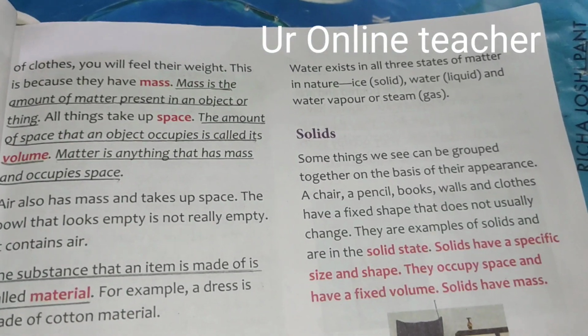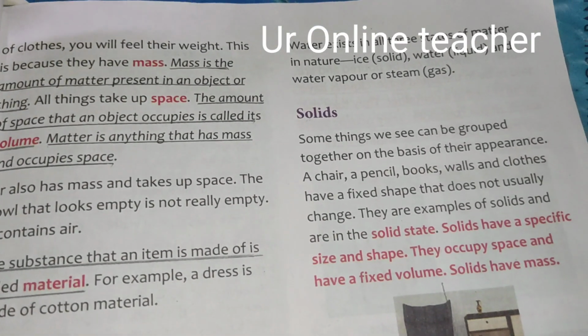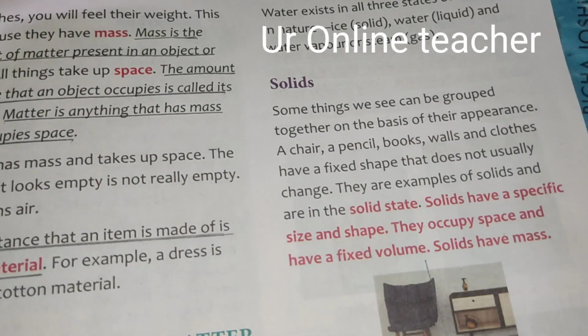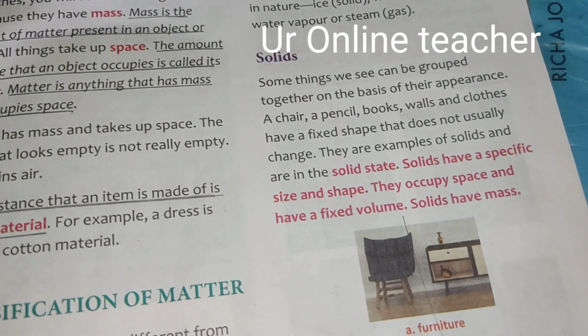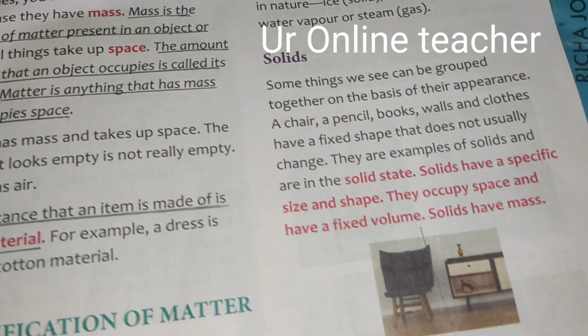Some things we can see can be grouped together on the basis of their appearance. By seeing their appearance we can say they are solids, like chair, pencil, books, walls, clothes. All these are examples of solids. They have fixed shape.